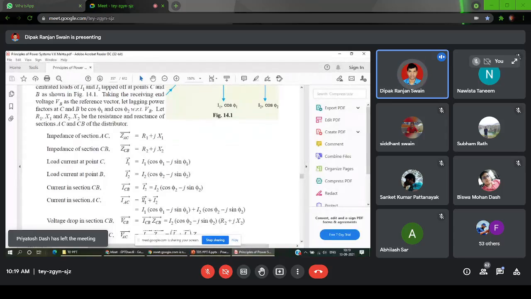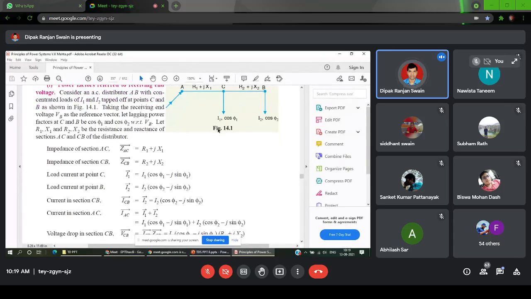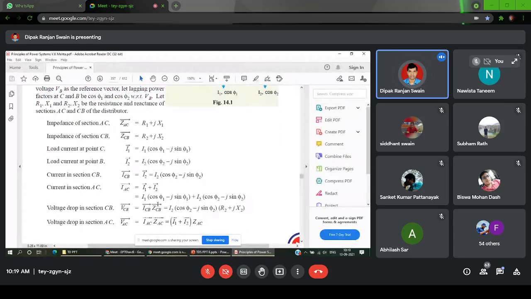In BC we are doing the same thing: as you move away from the feeding end, the current decreases, so here the current will be only I2. So ICB is equal to I2, whereas the current in the AC section will be I1 plus I2, added vectorially.